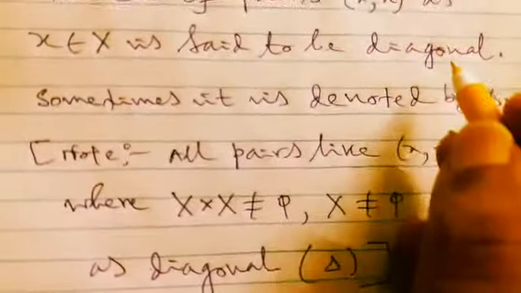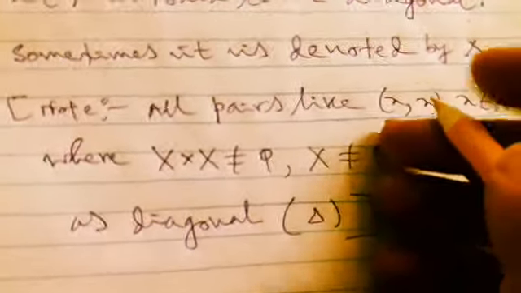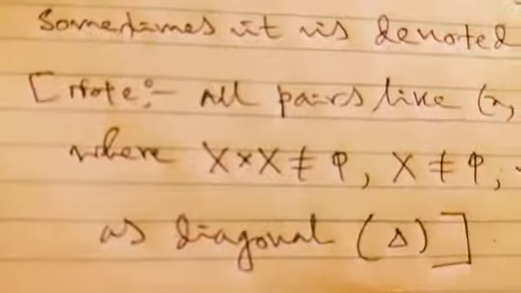Next we define another property. This property is called the symmetric property in uniform space.